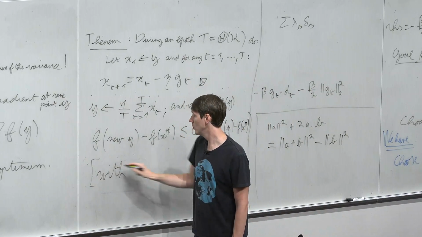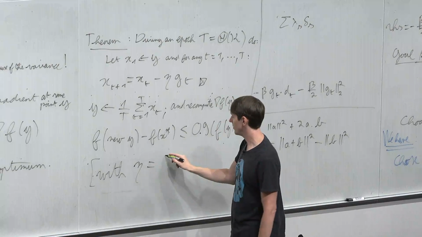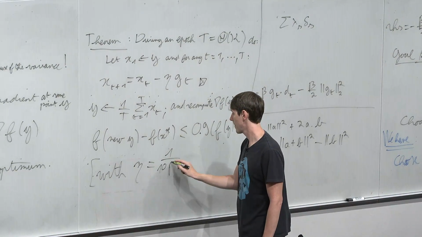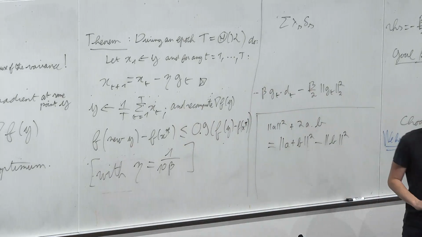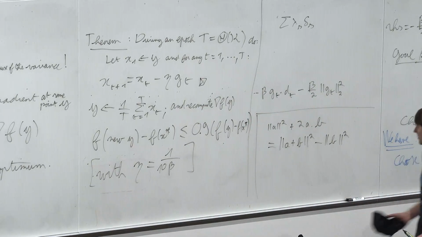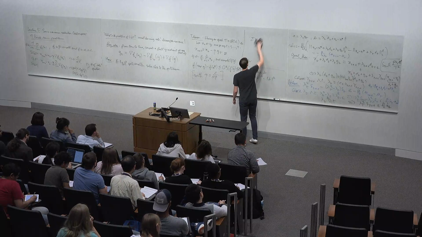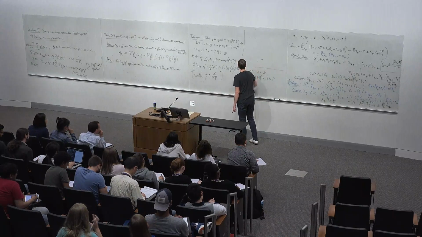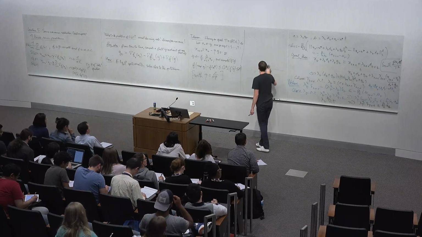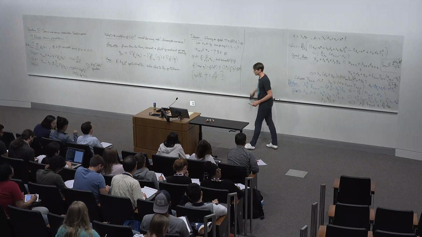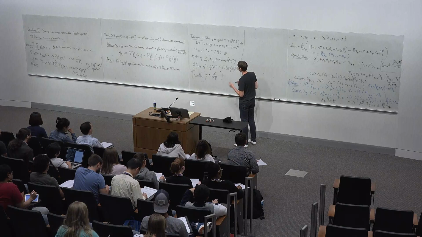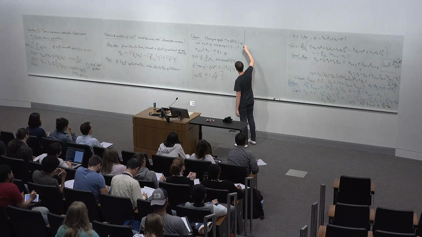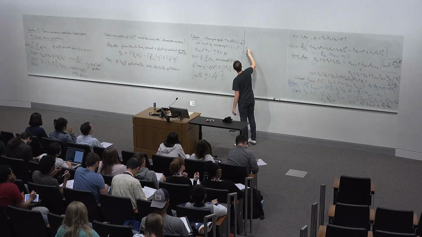That's the whole point. With eta, which is, say, 1 over 10 beta. That's what we're going to prove in the next 10 minutes. So this algorithm has a name. It's called SVRG, for Stochastic Variance Reduced Gradient Descent.